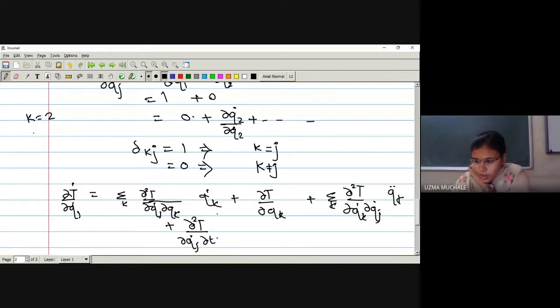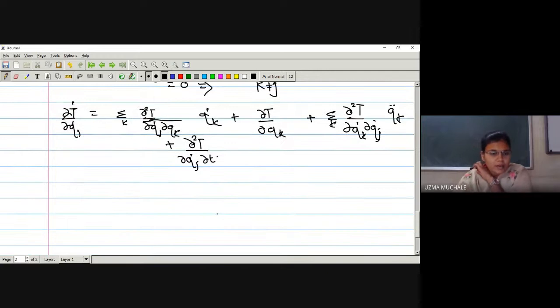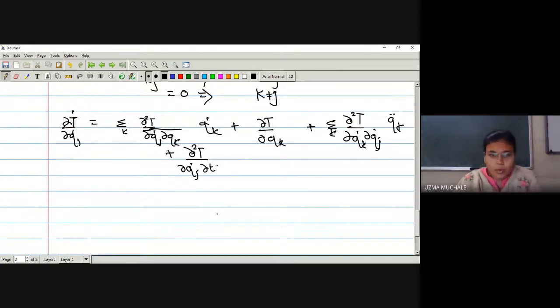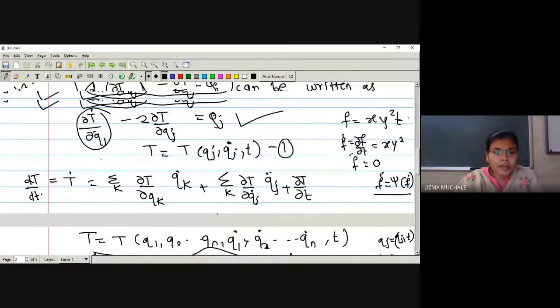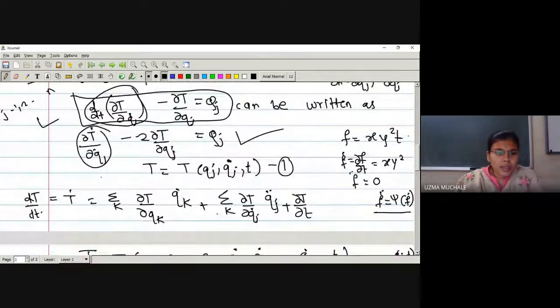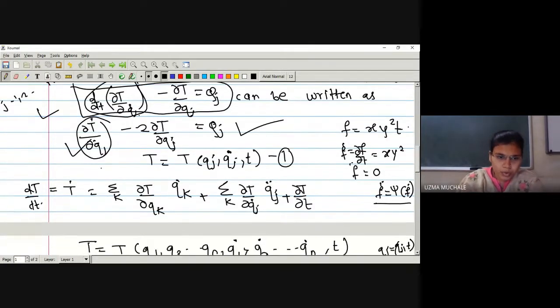So now we have evaluated the value of ∂T dot by ∂qj dot. What is the next term we have to evaluate from this equation? We have to evaluate d by dt of ∂T by ∂qj dot.